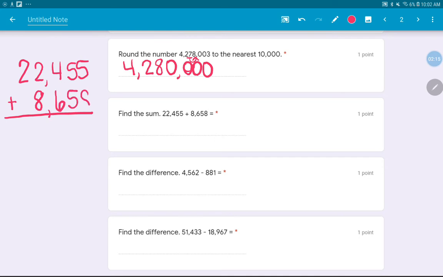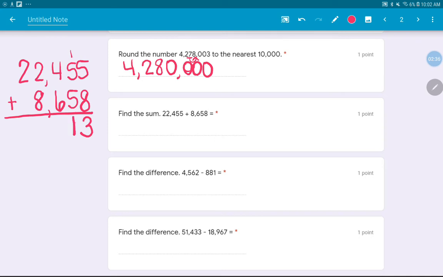6 hundreds, 5 tens, 8 ones. All right, so what do I do, Ansley? 5 plus 8 is 13. Okay, what do I do with the 1? Carry it. Okay, 5 plus 5 plus 1 is 11.